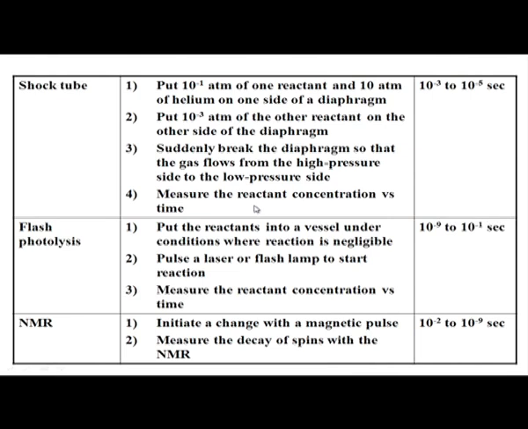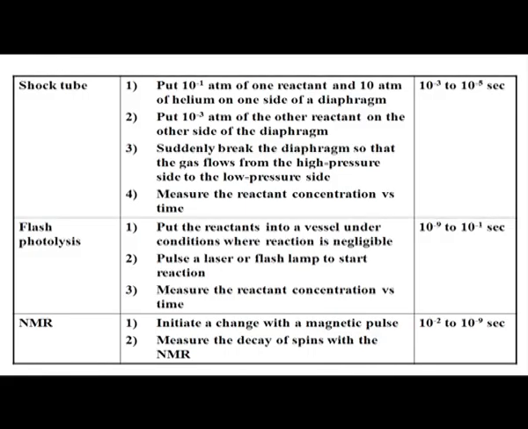A huge heating, and measure the reactant concentration versus time. Flash photolysis is from 10 to the minus 9 second, nanosecond, to 10 to the minus 1 second, subsecond. So, put reactant into a vessel under conditions where reaction is negligible. Say consider a reaction which does not generally occur in the ground state, maybe in the excited state.